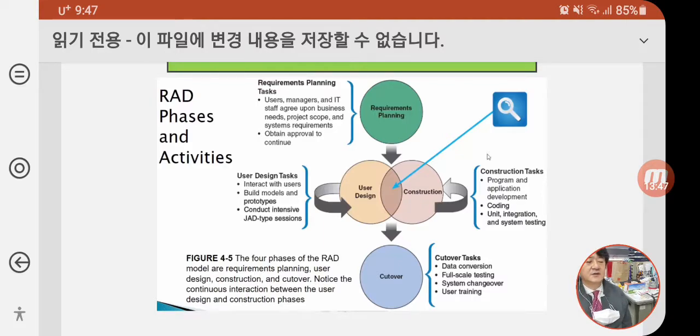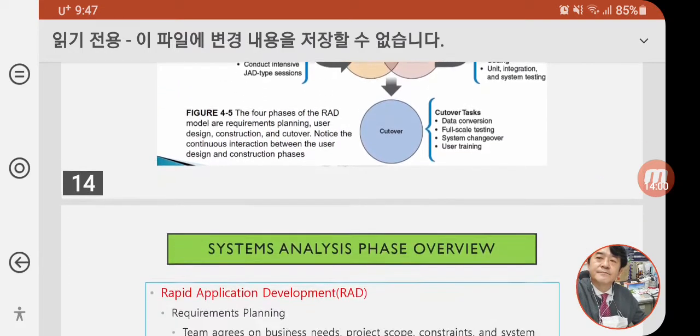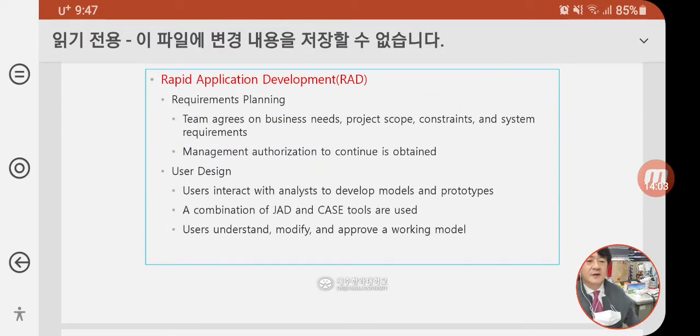You notice the continuous interaction between the user design and construction phases. Requirements planning is the first phase. The team agrees on business needs, project scope, constraints, and system requirements. In this phase, management authorization to continue is obtained.